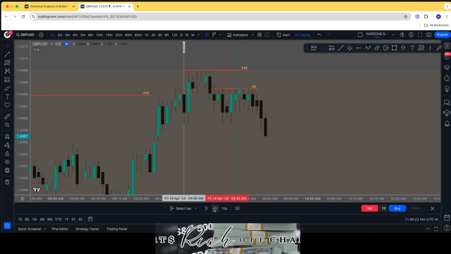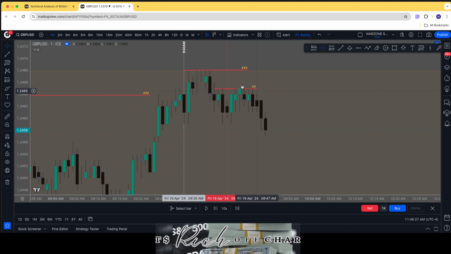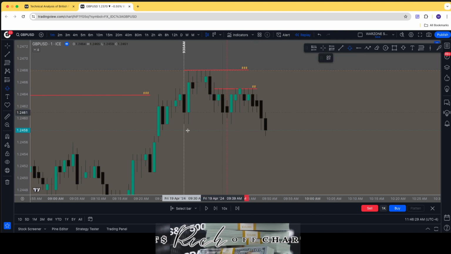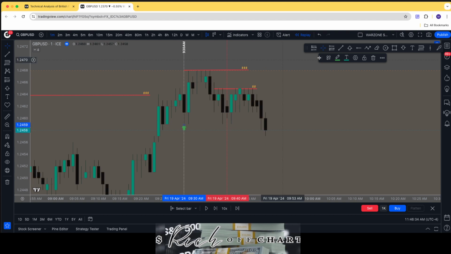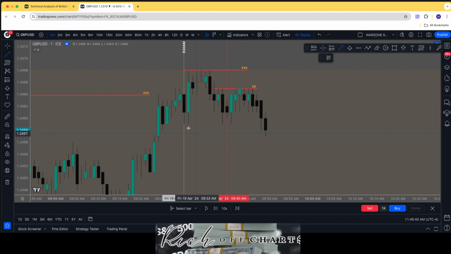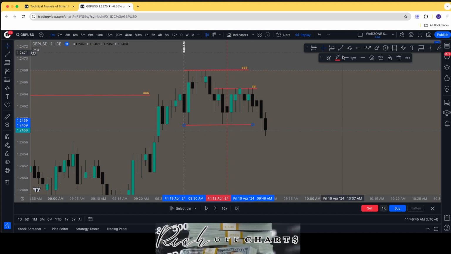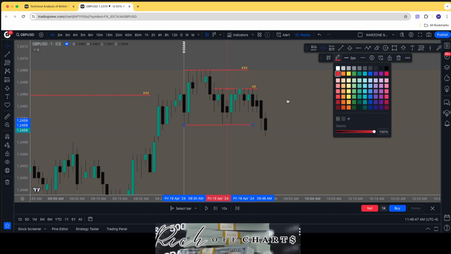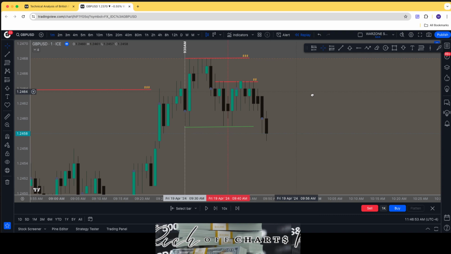All right, so here, once we were able to reject this price, come back here, sweep these lows. We came back and swept these lows. That right there is letting me know, okay, we are getting ready to go to the downside. There's no question about it. So let me get ready to find an entry.